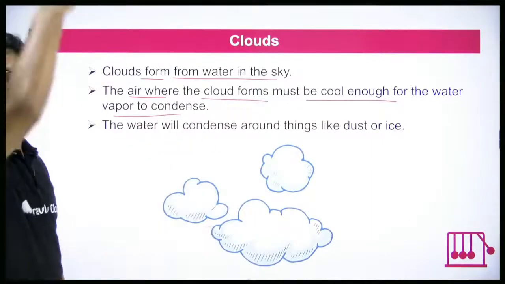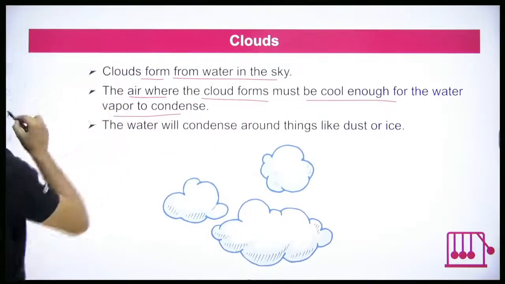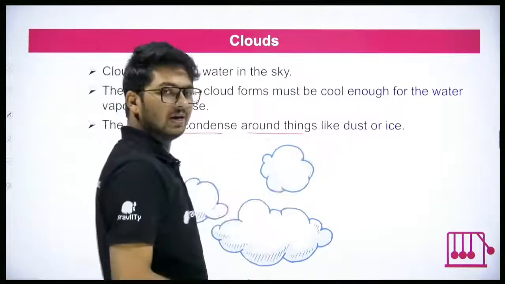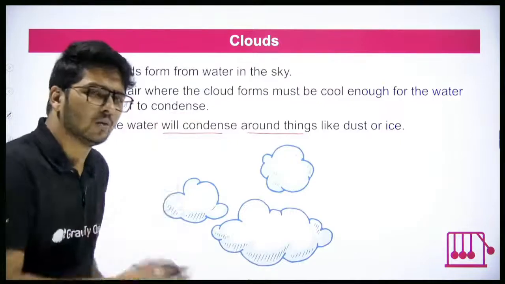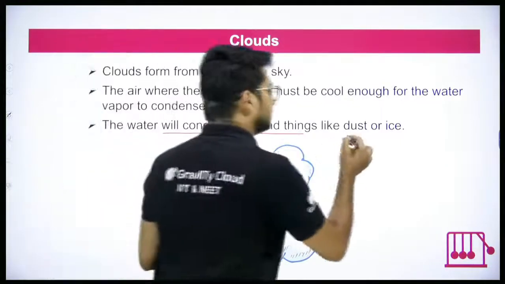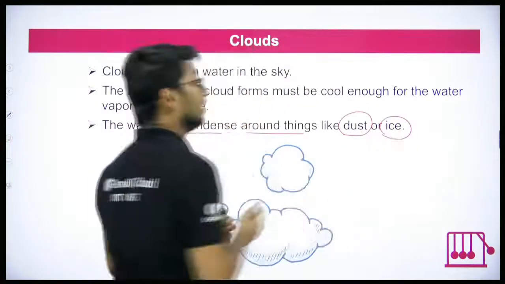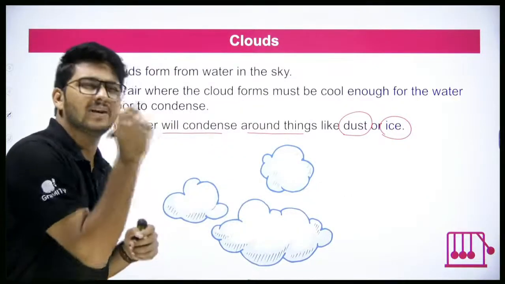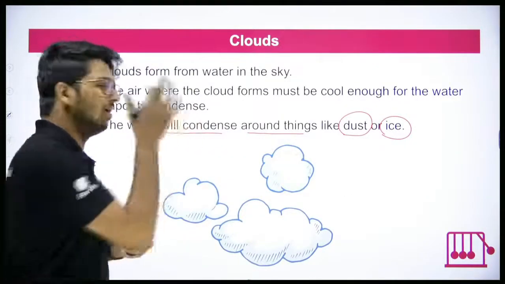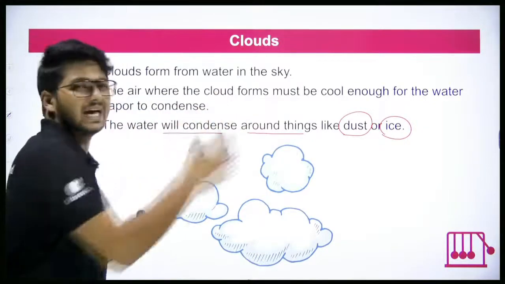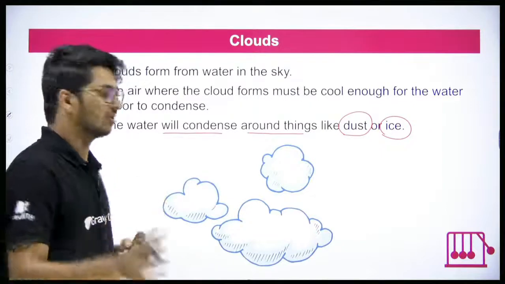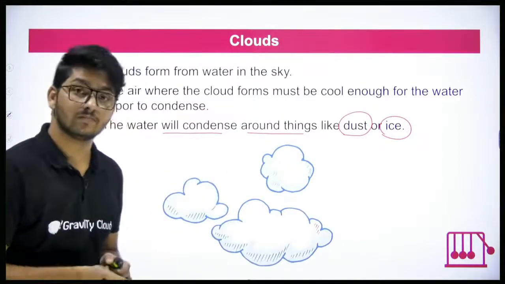We learned, as you go up, air will be very cold. And the water will condense around things. I mean, a cloud does not only have water, it will also have dust particles, it will also have ice particles. So a cloud is made up of all of them, and they'll be very, very small: very small dust particles, very small ice particles, very small water droplets. So a cloud contains all of them.